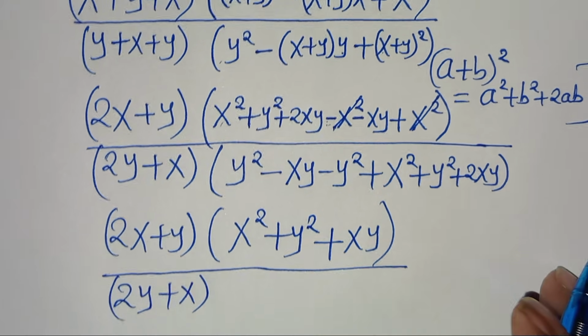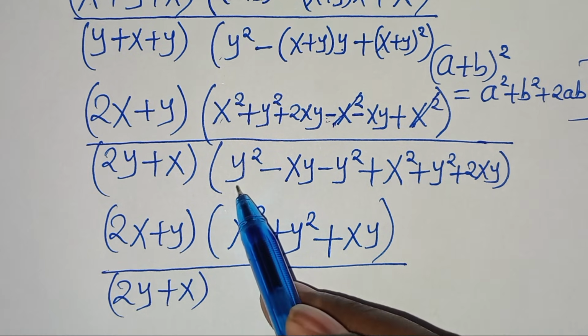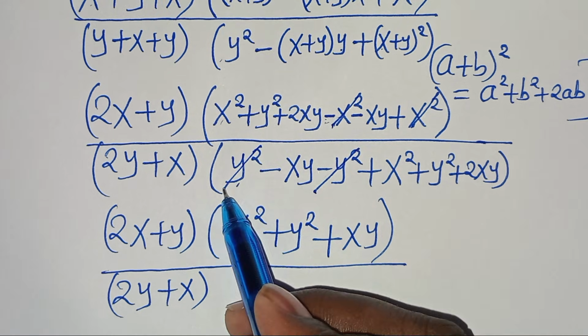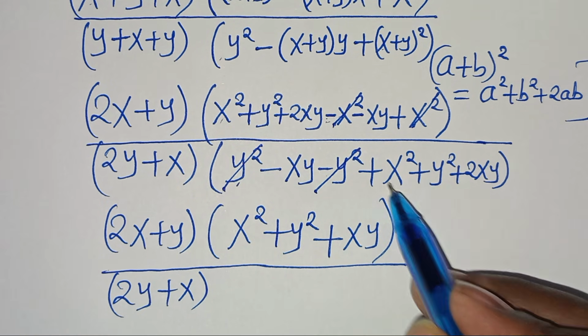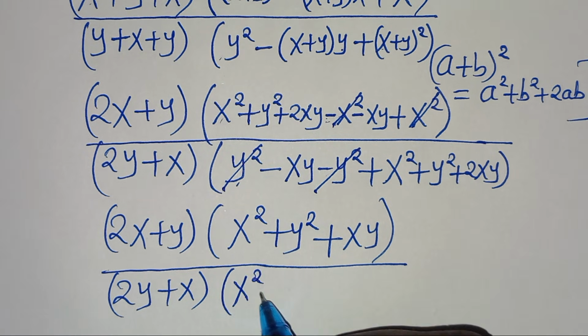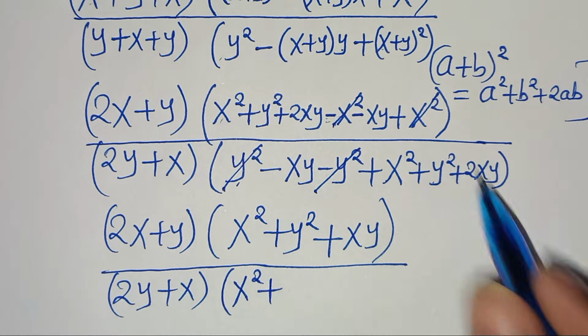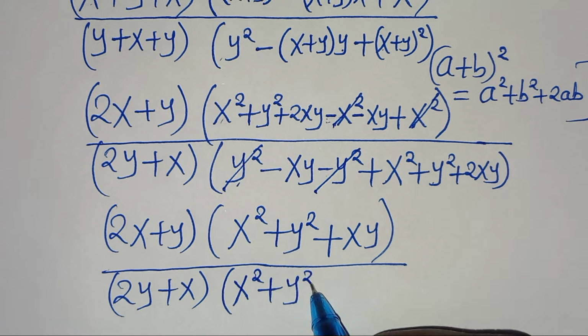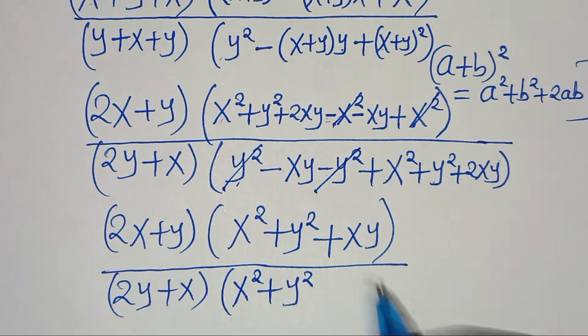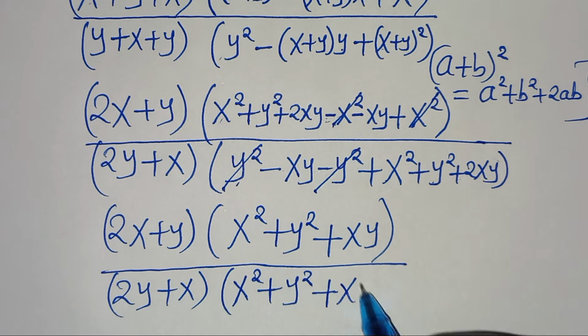Here we have y squared minus y squared, which simplifies, so that we have x squared plus y squared, then minus xy plus 2xy, which is plus xy.